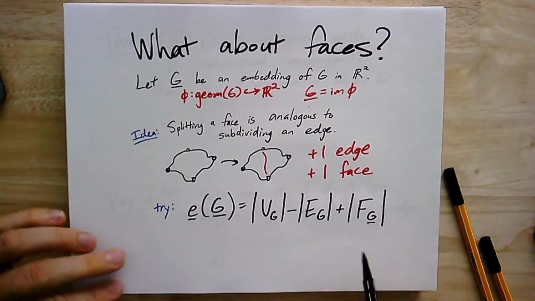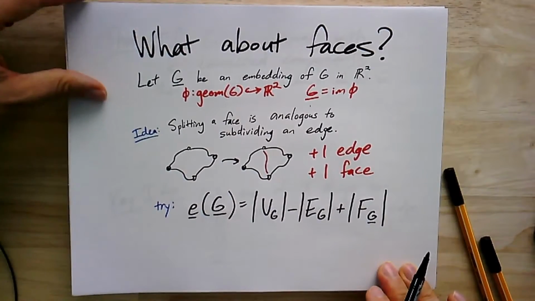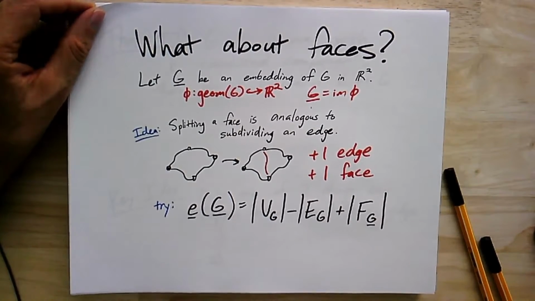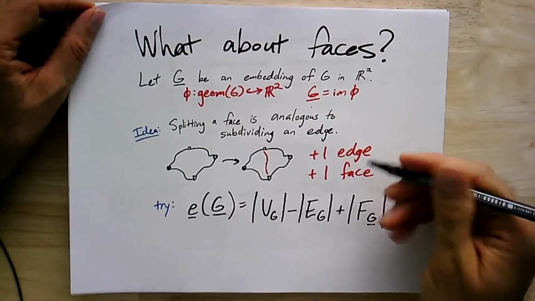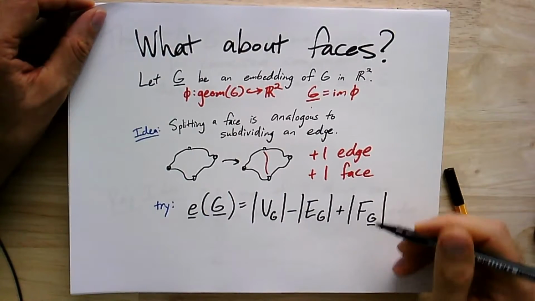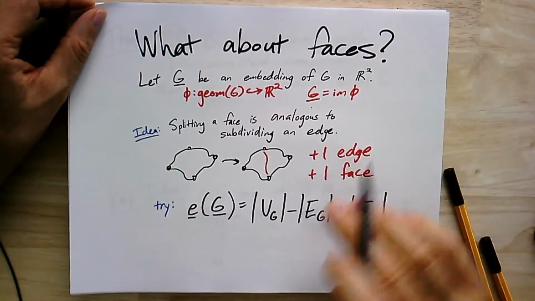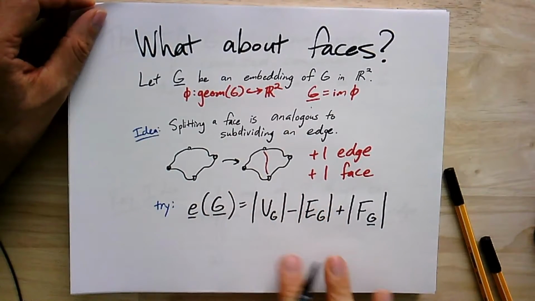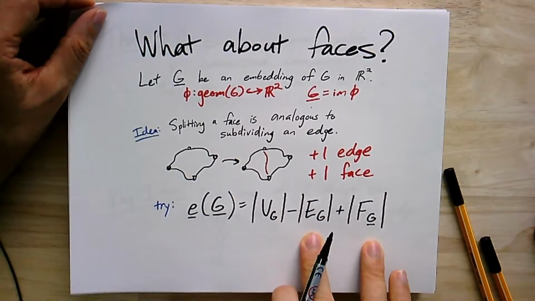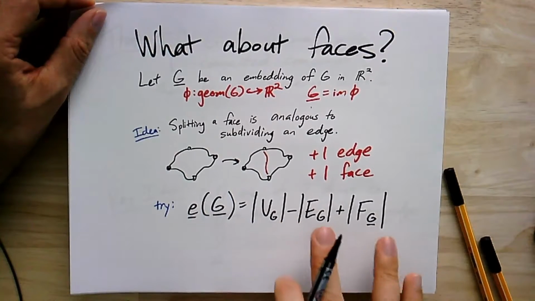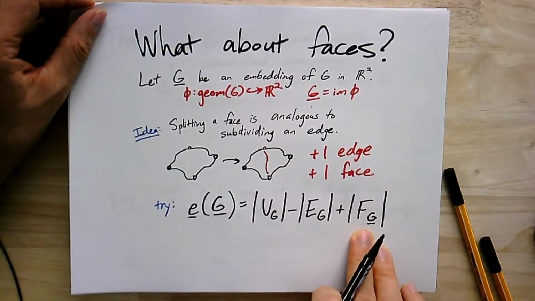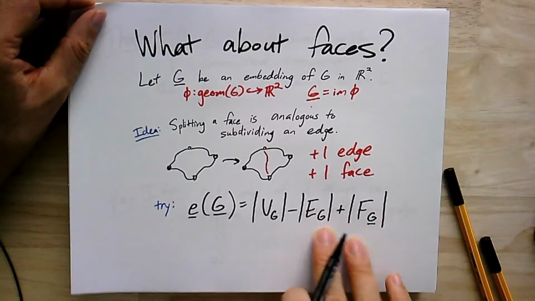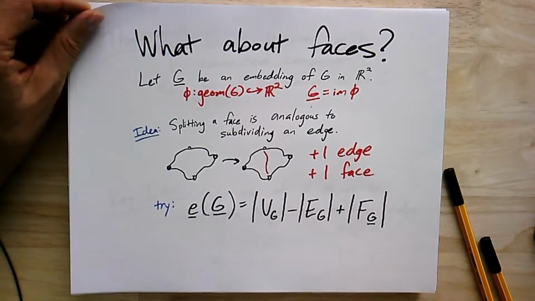We will eventually find that the counts here don't matter, but that's really the conclusion and not the hypothesis we want to make. So something like this would have the right effect, where I might expect that going from this graph to this one, I won't change this invariant because in this case the plus one to the number of faces and one more edge will cancel out, because this is positive and this is negative.